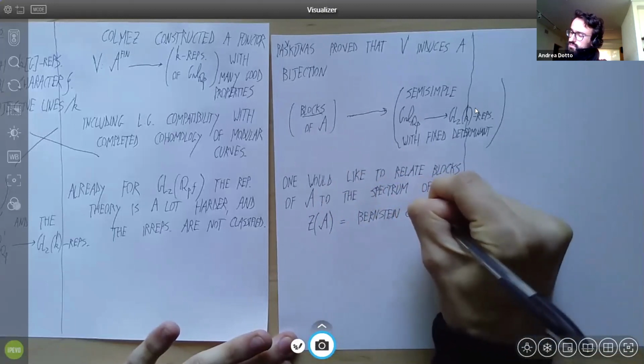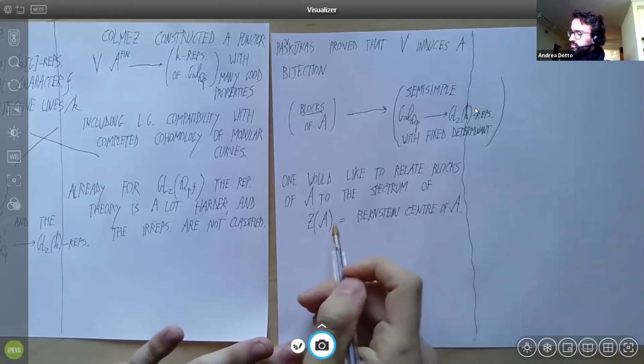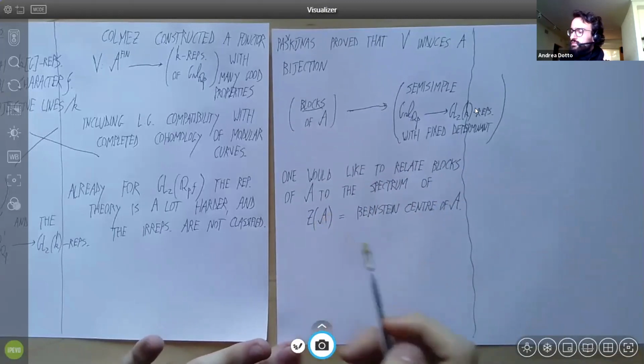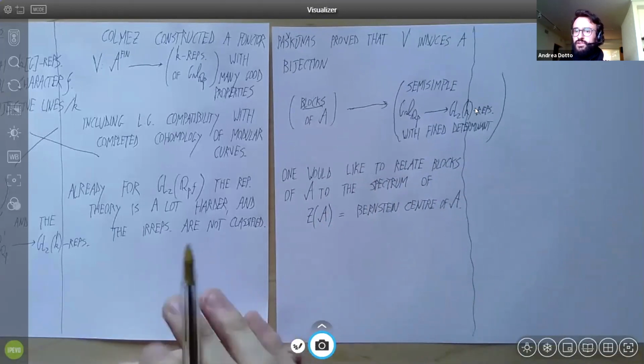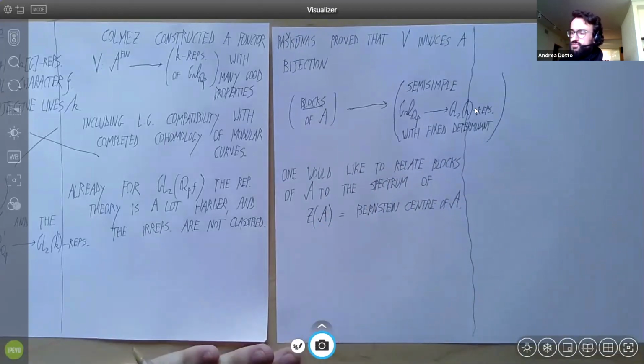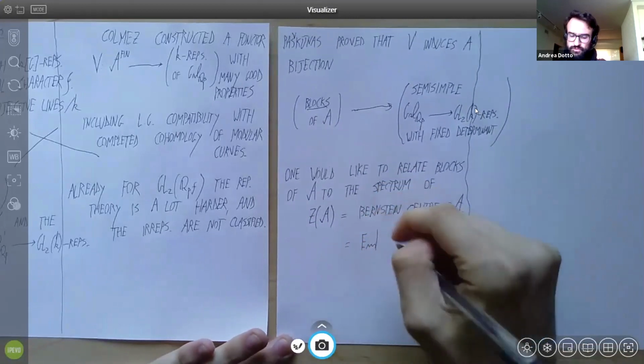If you've never seen it, there is a commutative ring that acts on every object of the category A in such a way that all morphisms in this category are automatically equivariant for this action. And that is just defined to be the endomorphism ring of the identity functor.